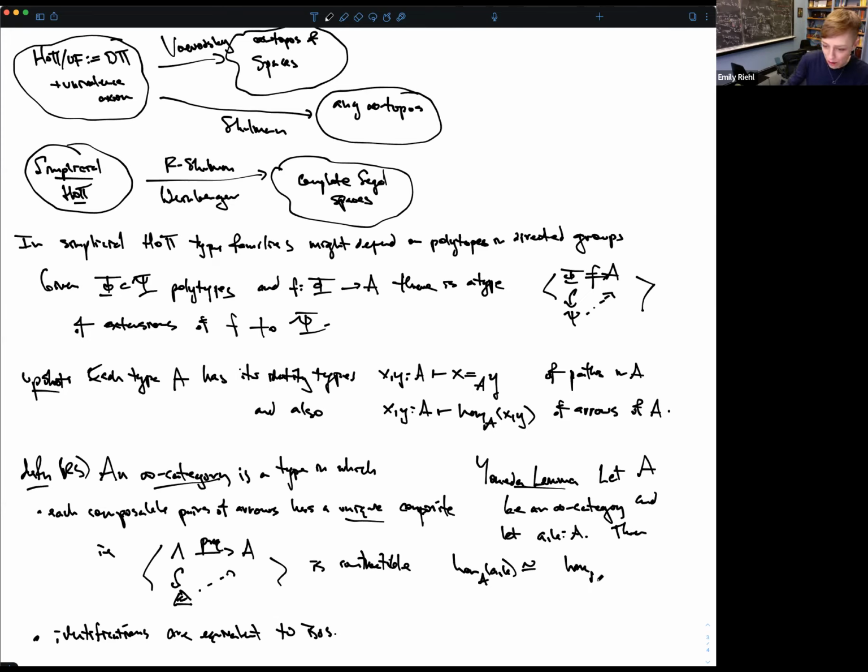So the functor contravariantly represented by A is this one. The family of types contravariantly represented by B is this one. And here I'm going to take one of these dependent function types.